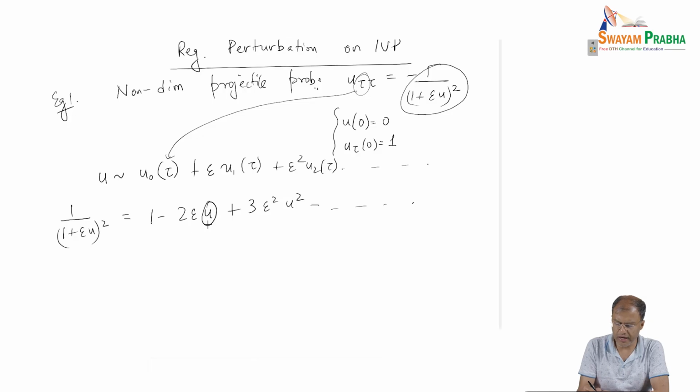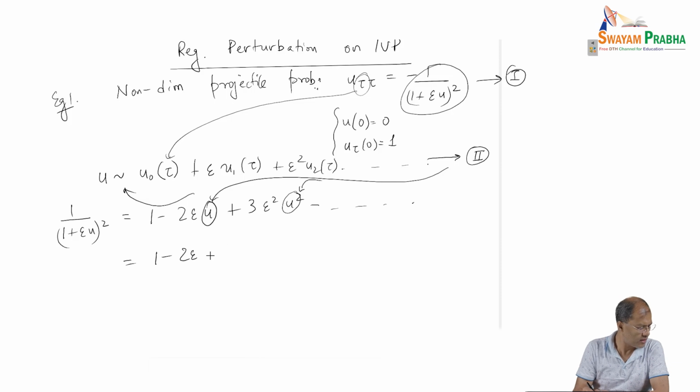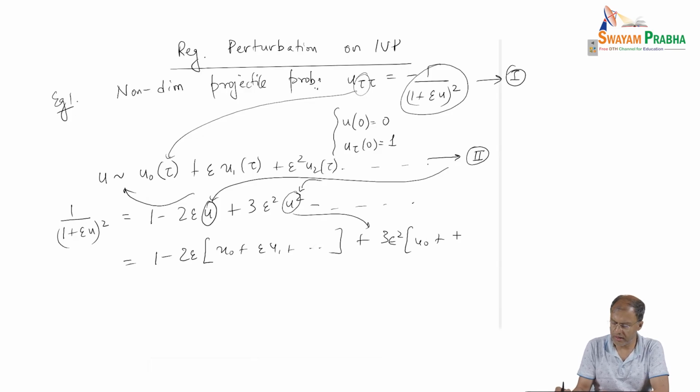Now if we let this problem be 1 and the expansion be 2, and we plug this expansion 2 into these factors, we see that this is 1 minus 2 epsilon times u, which is u naught plus epsilon u1 and so on, and then plus 3 epsilon square u naught plus epsilon u1 and so on so forth square.